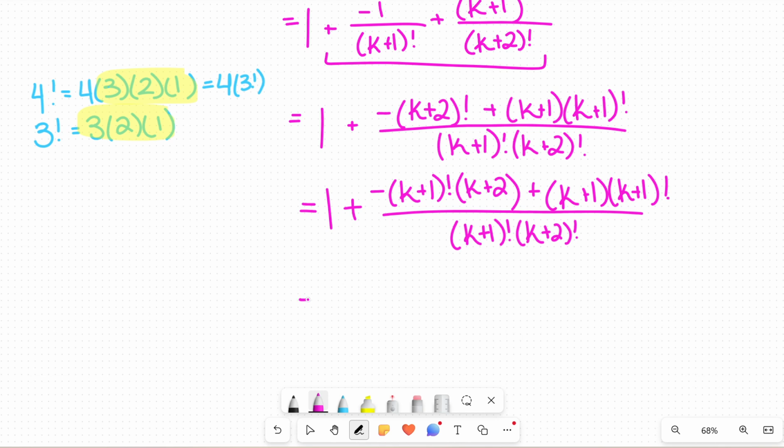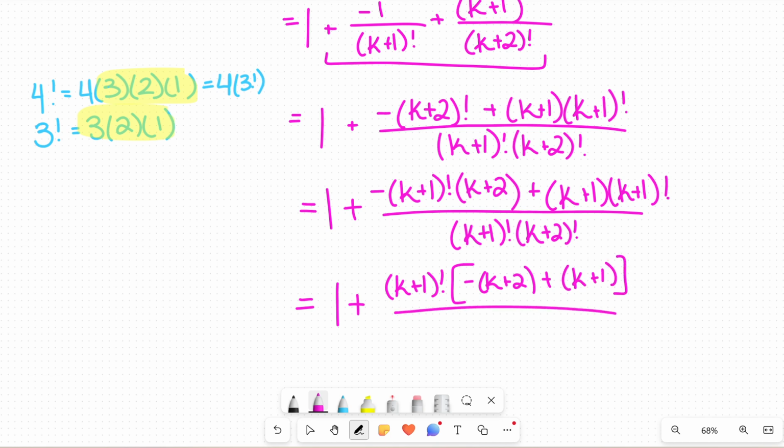Now I'm going to factor out my K plus 1 factorial. I'm left with negative K plus 2 plus K plus 1. Then my denominator is still the same.